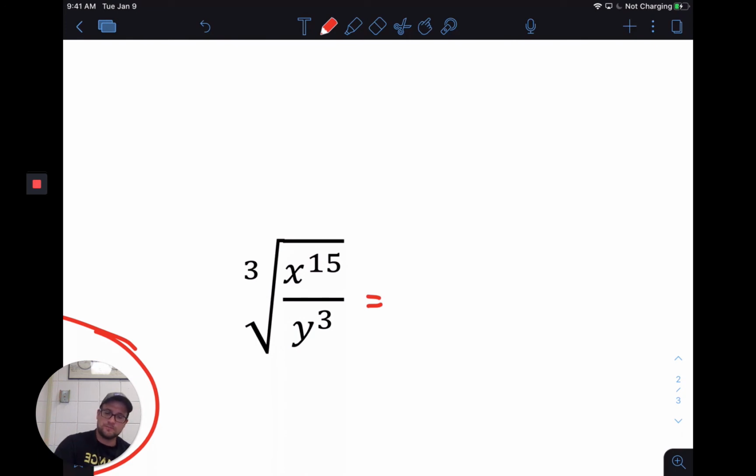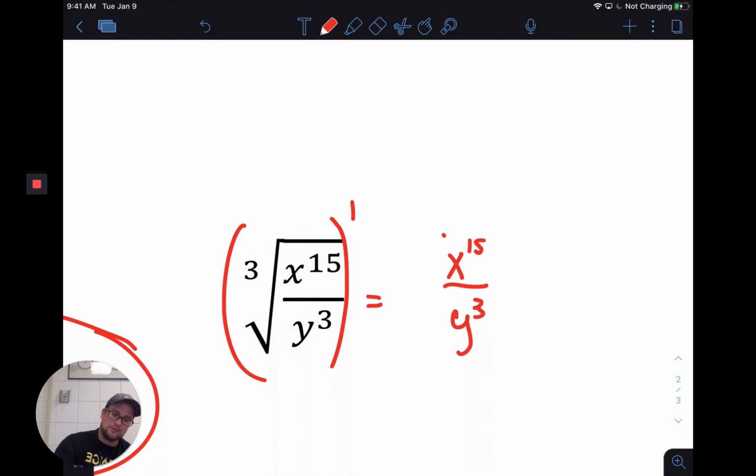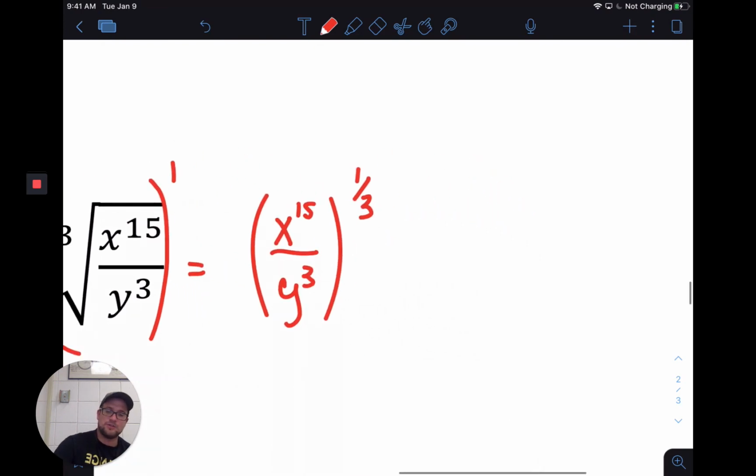So think about it as all of this is being raised to the first power, which means I could rewrite this as x to the 15th over y to the 3rd raised to the 1/3 power. And if I raise something to the 1/3 power, then I would just multiply my exponents here, right?